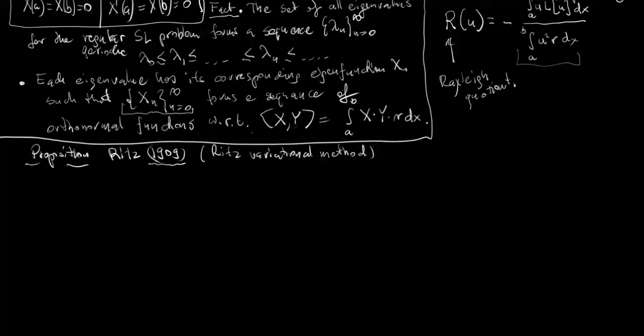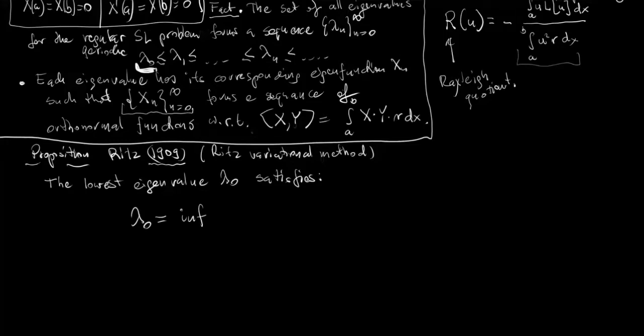So what Walter Ritz tells us? He tells us what is the estimate of the lowest eigenvalue of a regular Sturm-Liouville problem. The lowest eigenvalue from this sequence, this one that stays here, lambda 0, satisfies: lambda 0 is equal to the infimum over all functions u from our vector space V that we have just defined of this Rayleigh quotient.